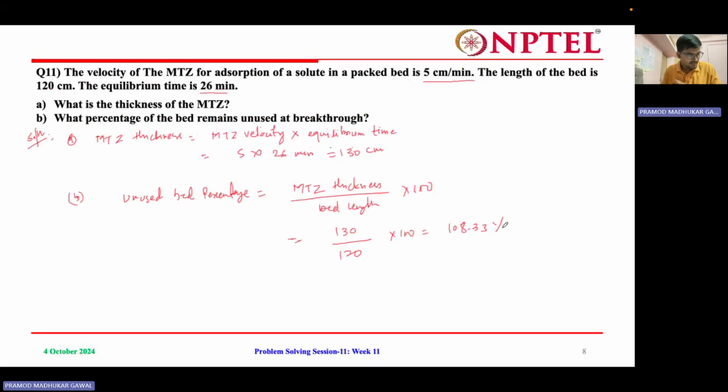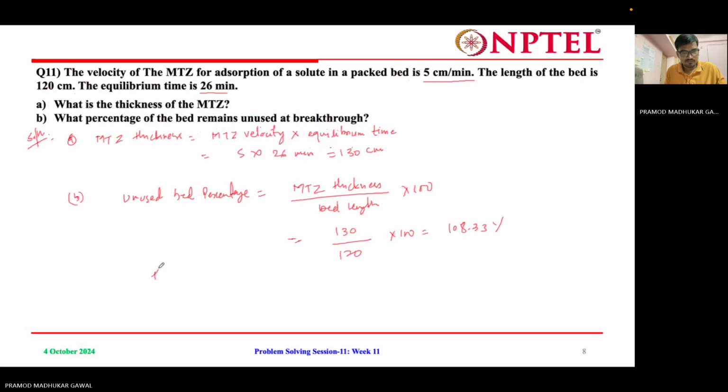Since the MTZ thickness of 130 centimeter is greater than the bed length of 120 centimeter, the result indicates that the MTZ exceeds the bed length. This implies that the entire bed is used before breakthrough occurs.